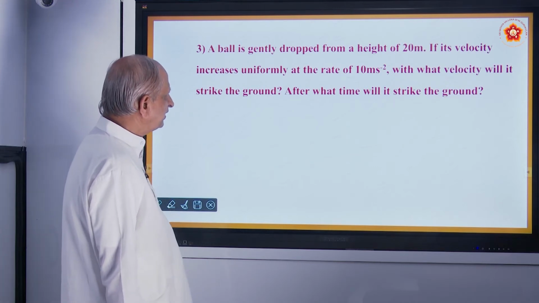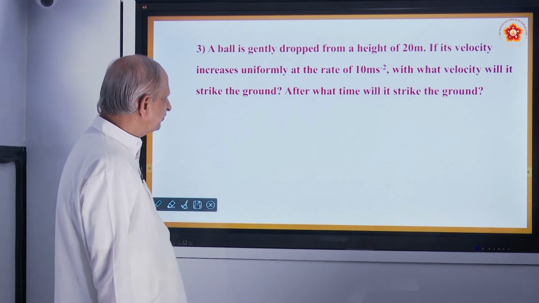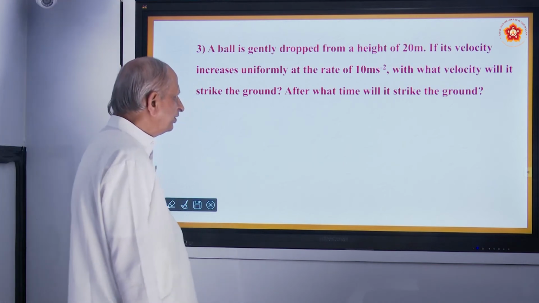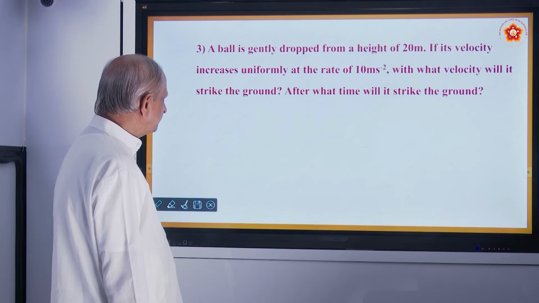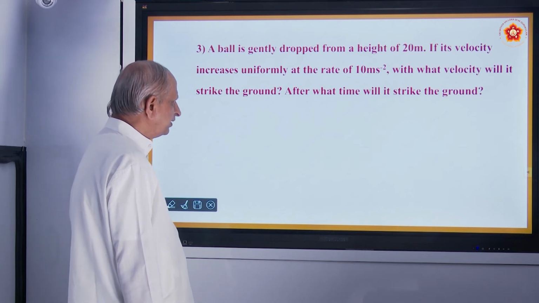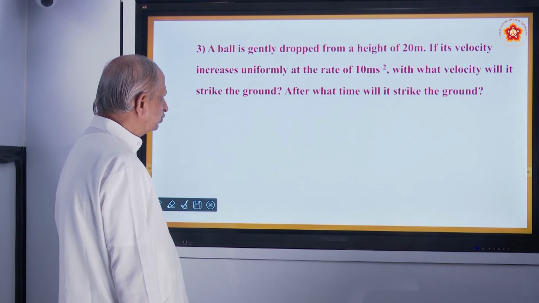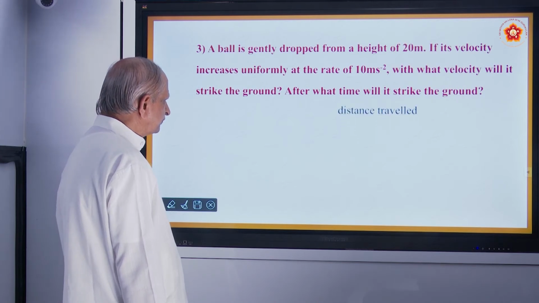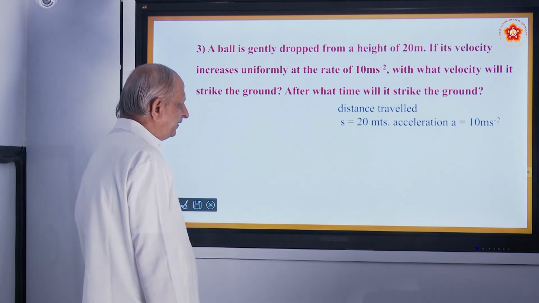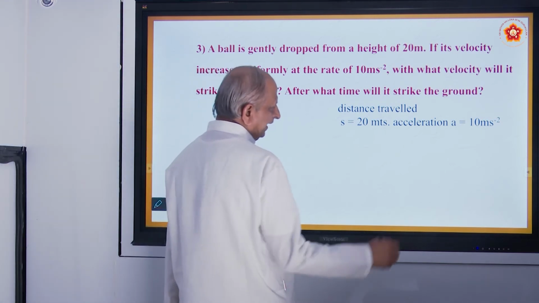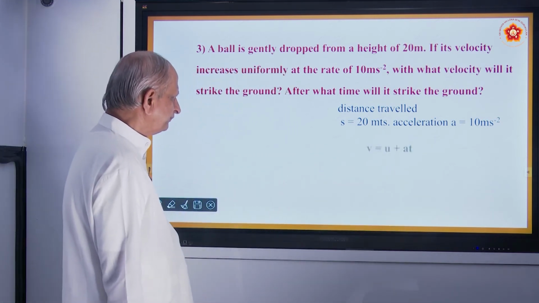Coming to third question. A ball is gently dropped from a height of 20 meters. If its velocity increases uniformly at the rate of 10 meter per second square, with what velocity will it strike the ground? After what time will it strike the ground? So here there are two questions. So distance travelled, s is equal to 20 meters. Acceleration is 10 meter per second square.